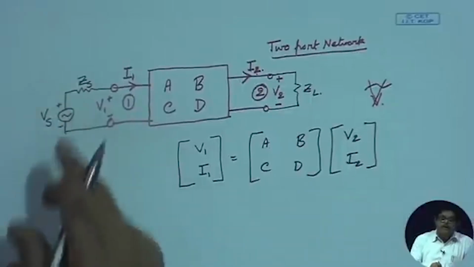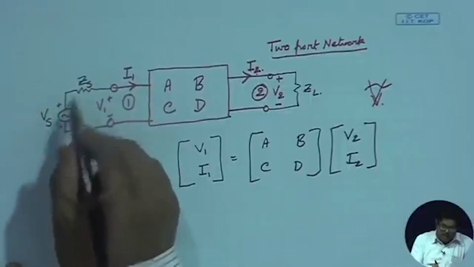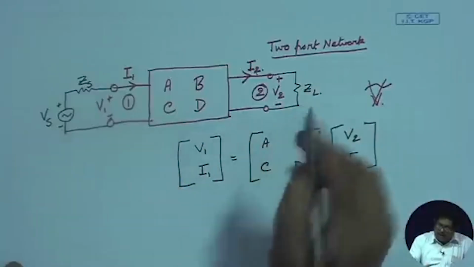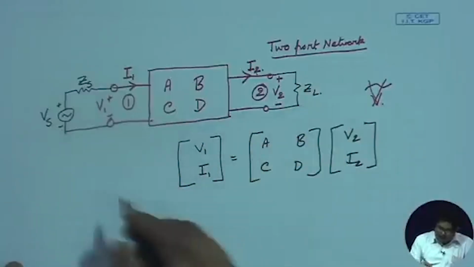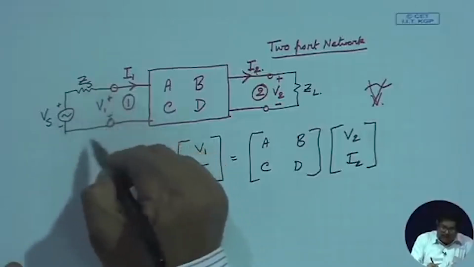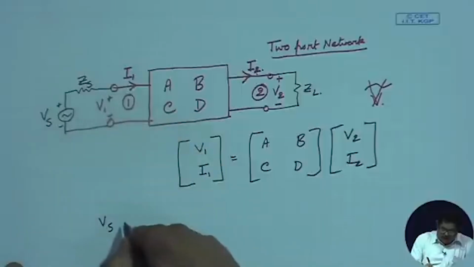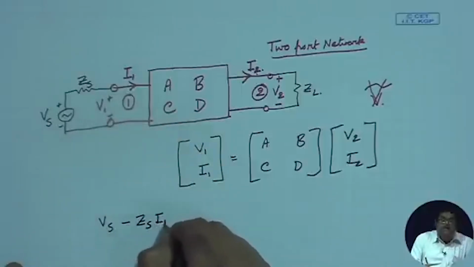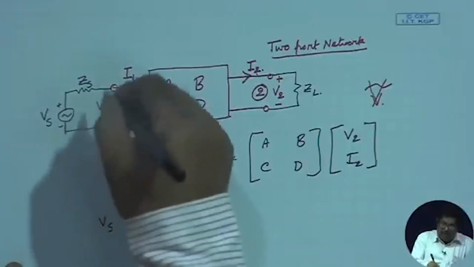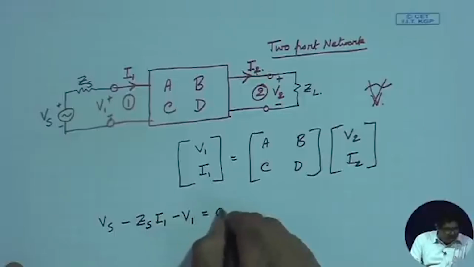Now, with this loaded condition, that means with the source voltage and generator and load, I can write that, if I apply Kirchhoff's law around this loop, I get Vs minus Zs I1 minus V1, depending on the polarity I have shown, is equal to 0.